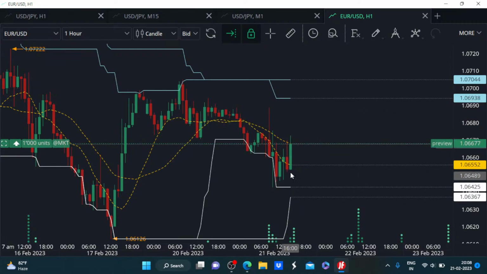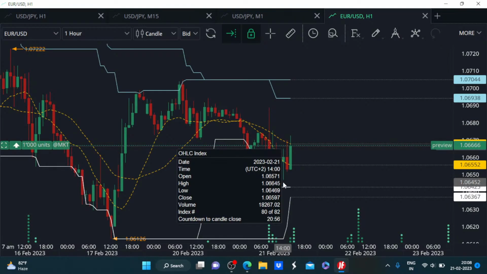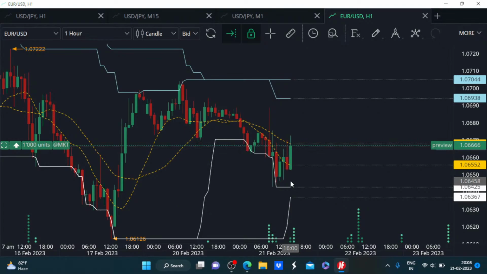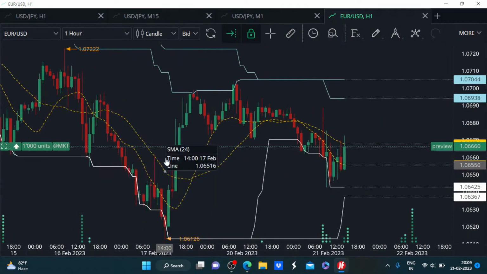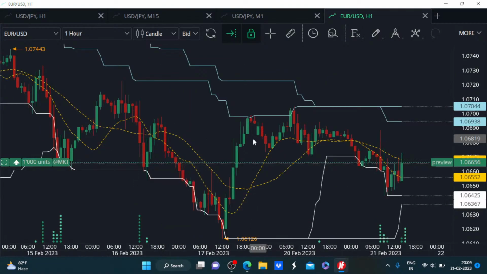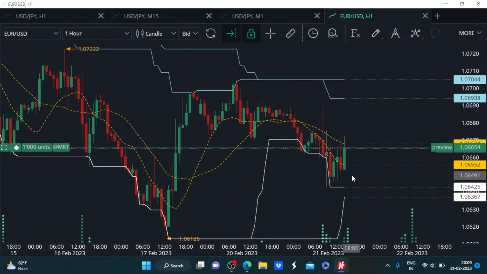And here we saw this fresh move on the lower side, which took the Euro USD closer to these lower levels, not far off from the prior swing lows. And if we look at the larger picture here, it has been a story of making lower lows and lower highs, and we are not really seeing any change in today's session as well.